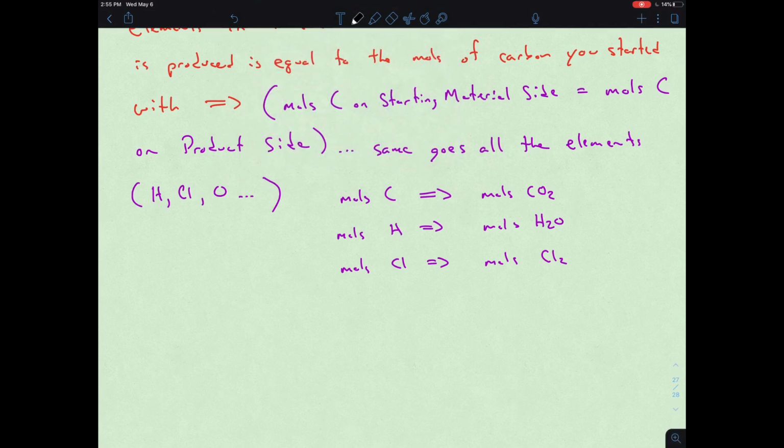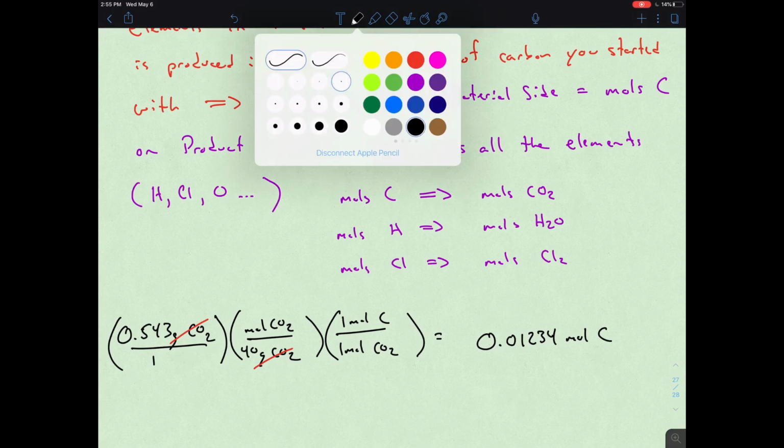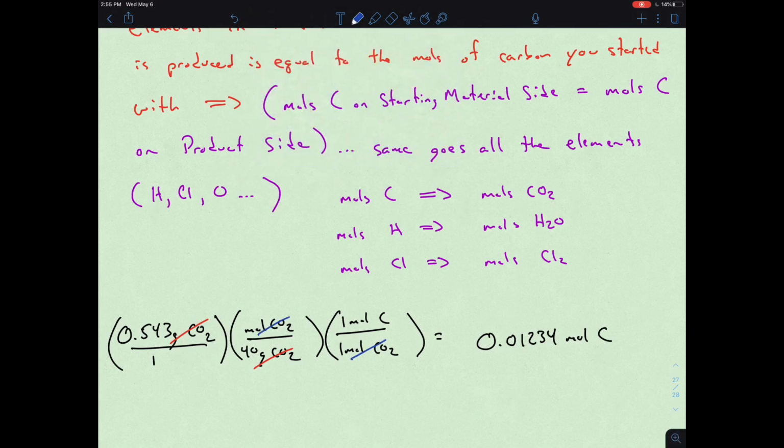So we would just look at this kind of mass conversion to begin with, saying that, well, I started with, or produced rather, 0.543 grams of CO2. If I divide by my molar mass of 44 grams per mole, I get into moles of CO2, and then using the formula, I can get to moles of my carbon, which is 0.01234 moles of carbon.